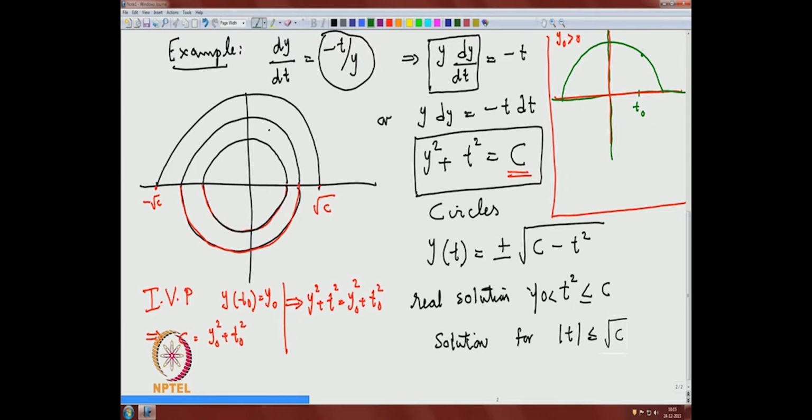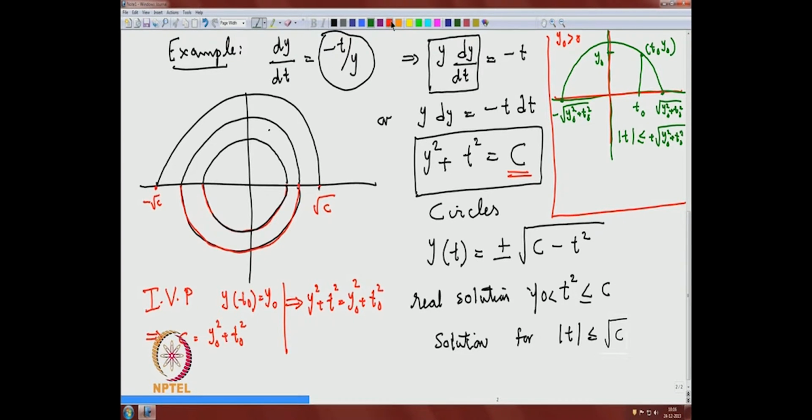So, this is your t naught, y naught. The solution interval is mod t less than or equal to square root of y naught square plus t naught square. This is an interesting example.